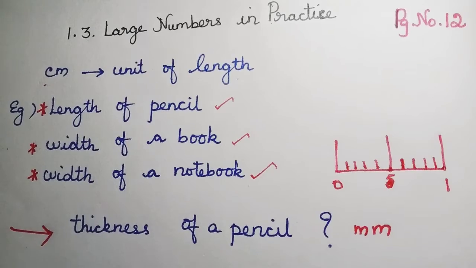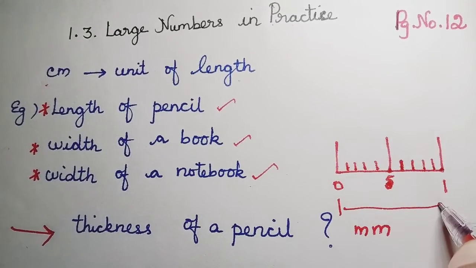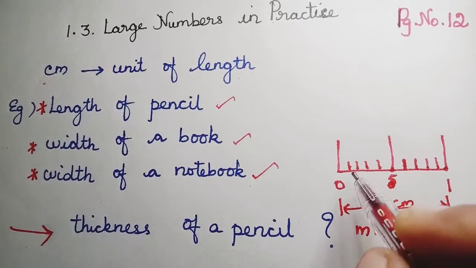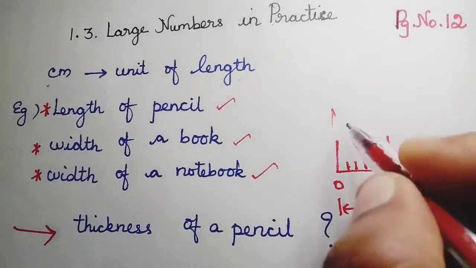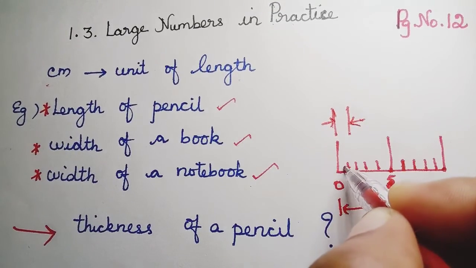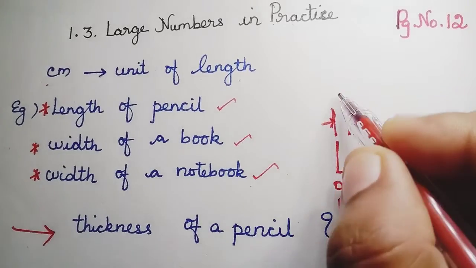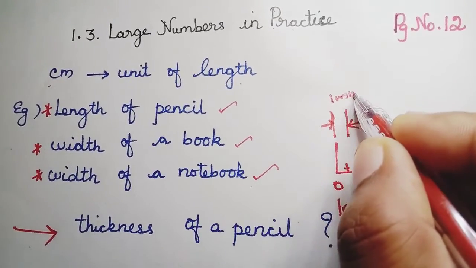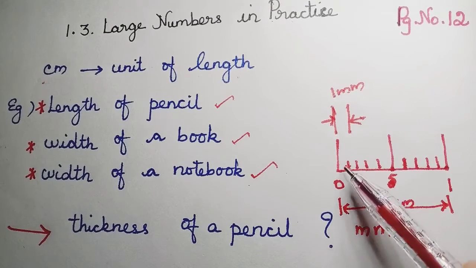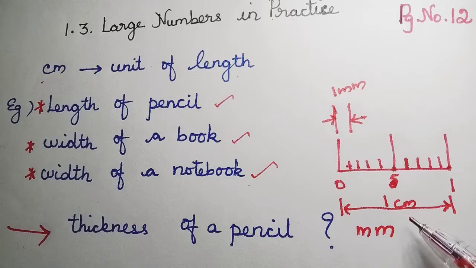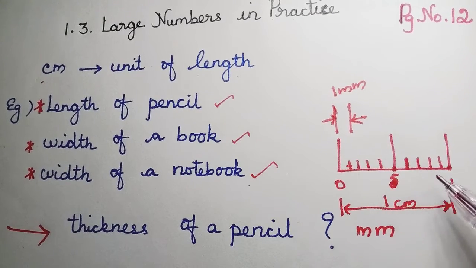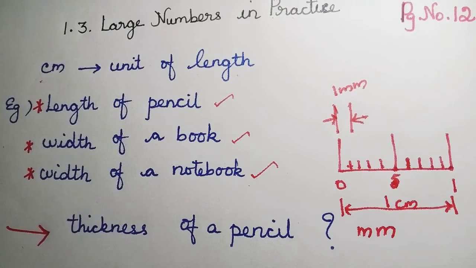So this entire distance is 1 centimeter, and each subdivision, the distance between one subdivision and the next, you can mention as 1 millimeter. So from this you can tell 10 millimeters is equal to 1 centimeter, right?